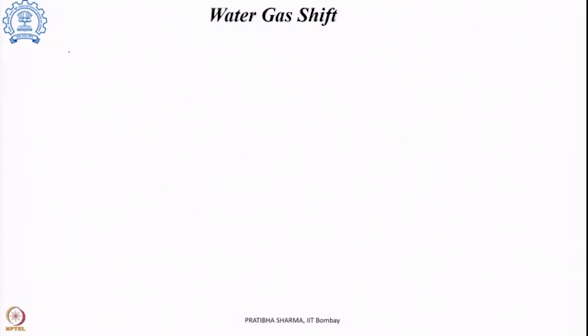In the high temperature water gas shift, the reformate gas obtained from steam methane reforming has to be cooled down to a temperature of 350 degree centigrade. So, the reformate gas was at 850 or 900 degree centigrade from the reformer. After the reformer it has to be cooled down to 350 degree centigrade, and thereafter it is reacted.